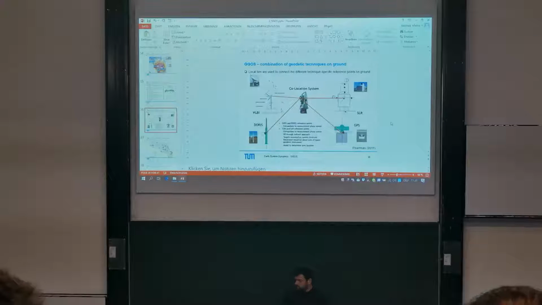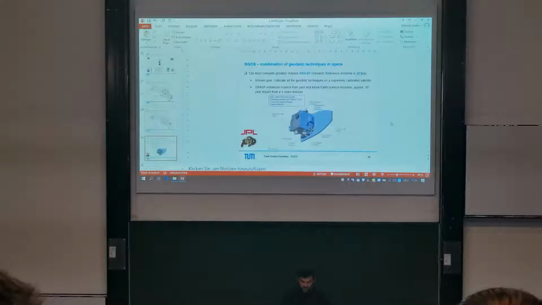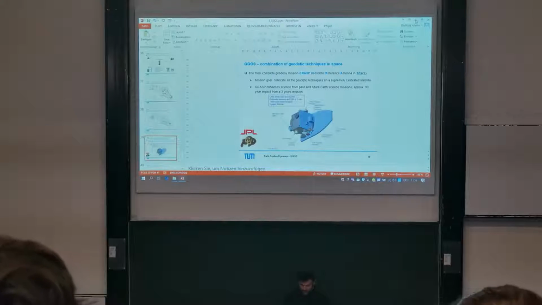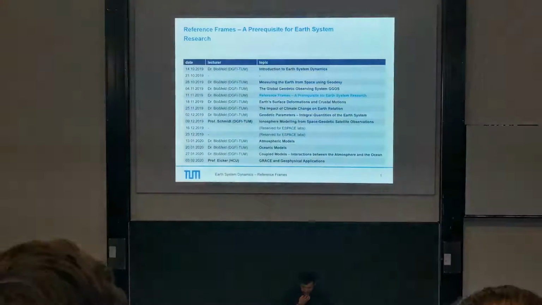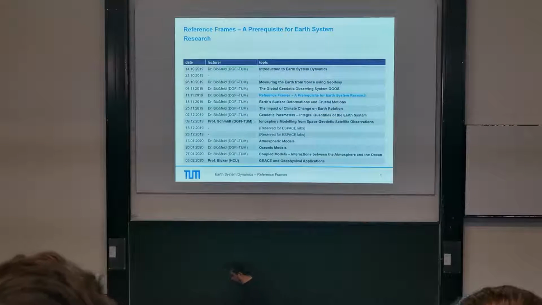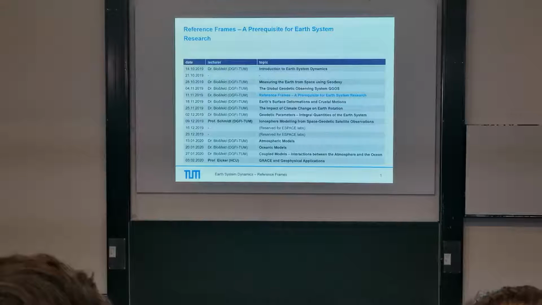And in contrast to this, we also faced the collocation in space, where the connection of the reference points is not at the ground side, but at the satellite platform side. And this will be the topic of today, a little bit. So how can we combine the geodetic techniques in order to determine a reference frame, so the station coordinates on ground.